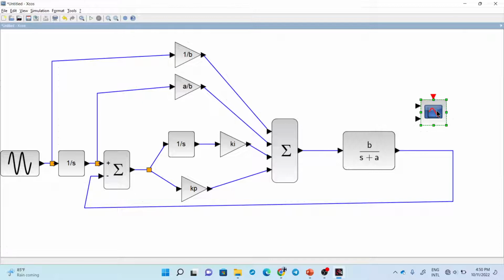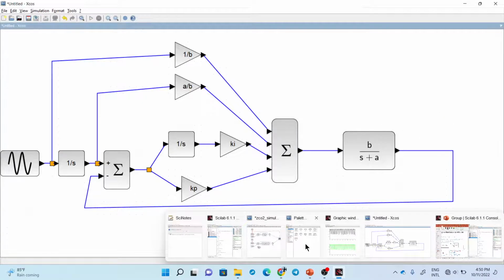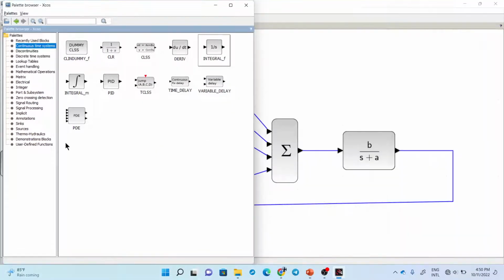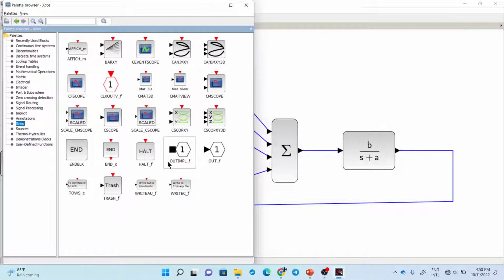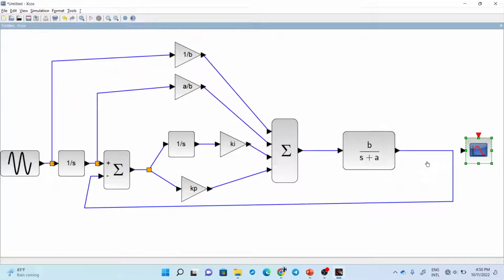Oh, not the scope, but other scope. Go to sink and then scope. So I like this.